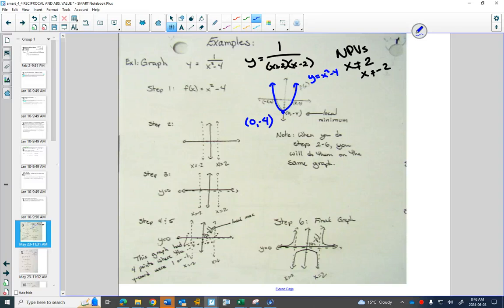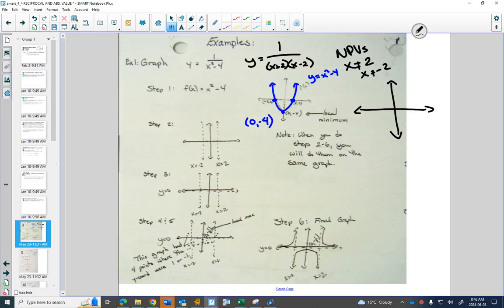I'm going to have x-intercepts at negative 2 and at 2. In the notes, I did each step separately, slowly, but I'm going to draw it beside here so you can follow the steps, but all on one graph.